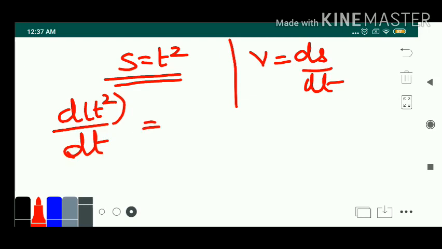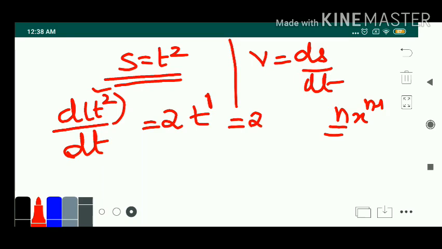So what was the formula? n times x raised to n minus 1. What is n here? It is 2. What is x here? t. n minus 1 is 2 minus 1. So you get 2t. So you will get the velocity equation as v is equal to 2t.